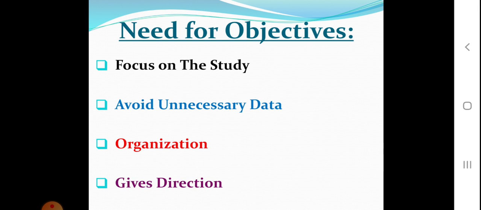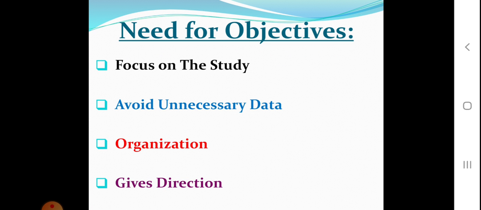The next important topic is need for research objectives. The formulation of research objectives will help the researchers in the following ways. Means the first need for research objectives is focus on the study.